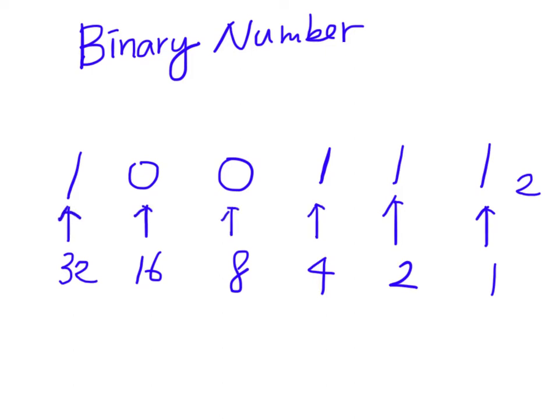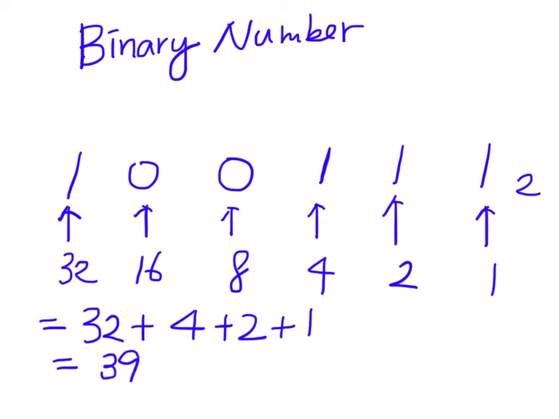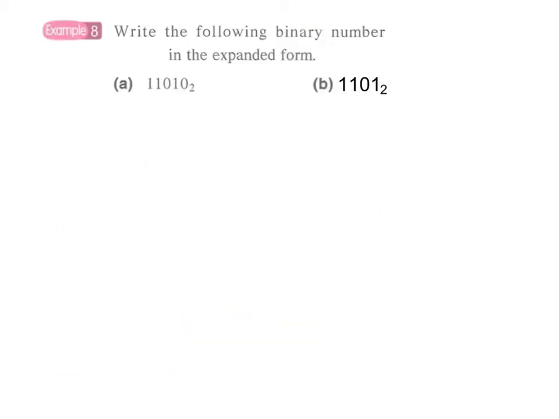Now we can simply add up all those numbers. We have 32 plus, and since these are all zeros, we can simply ignore them. Then 32 plus 4 plus 2 plus 1 will be 39, base 10.